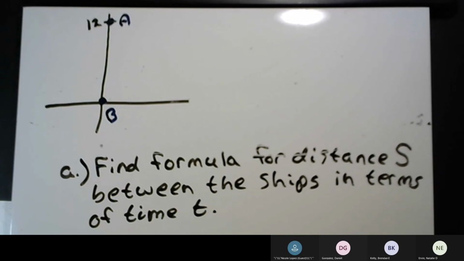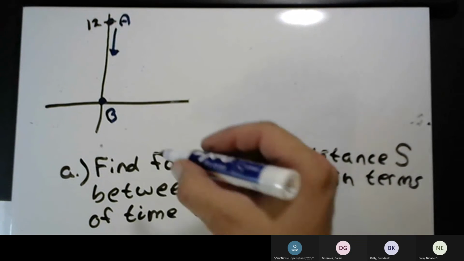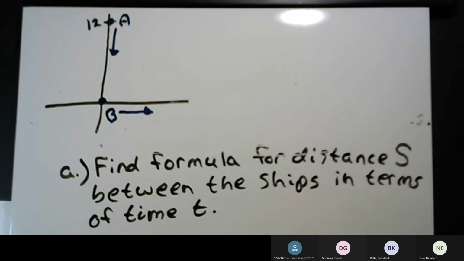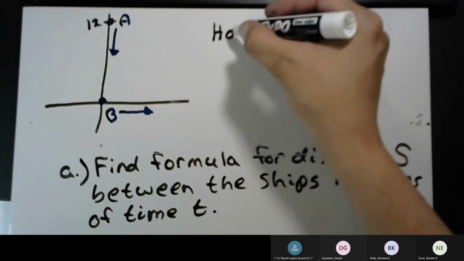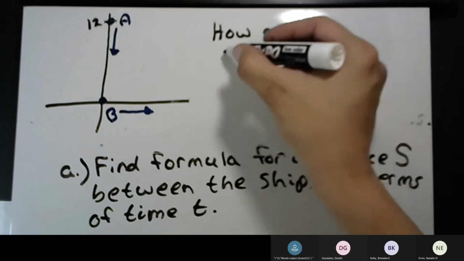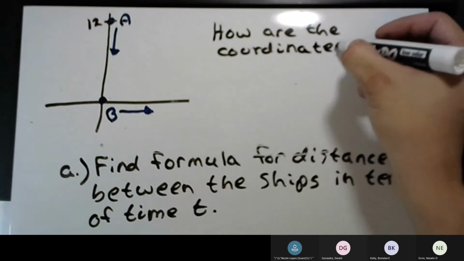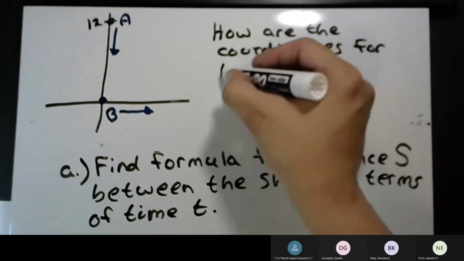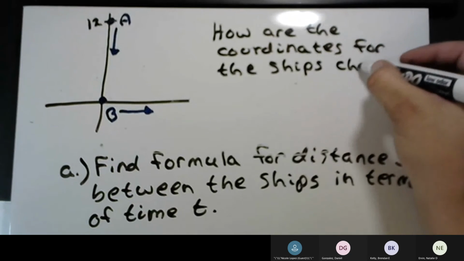Now, what we want to do is look at how these ships are moving. A is moving south. B is moving east. So a question we can ask is this: how are the coordinates for the ships changing?